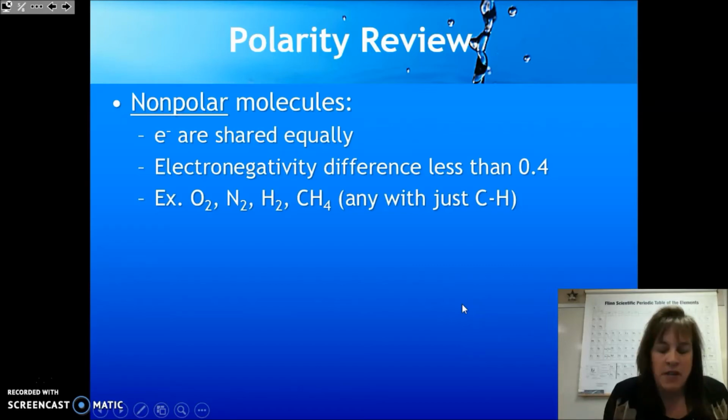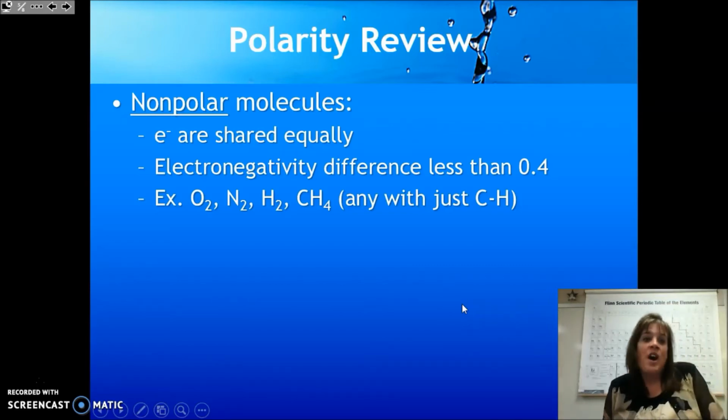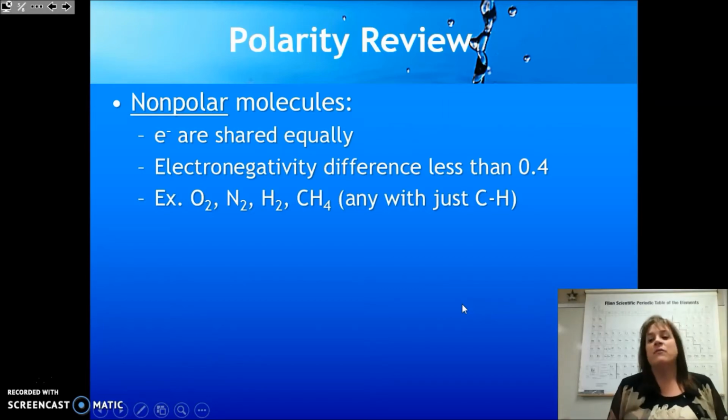Now, we need to do a little review on polarity because one of the things that you will have to be able to figure out is what dissolves in what. So you need to be able to identify something that's nonpolar from something that's polar. If you remember back to the bonding unit, nonpolar means that the electrons are shared equally between all the atoms. One way to tell this is to look at the electronegativity difference between the atoms in a bond.